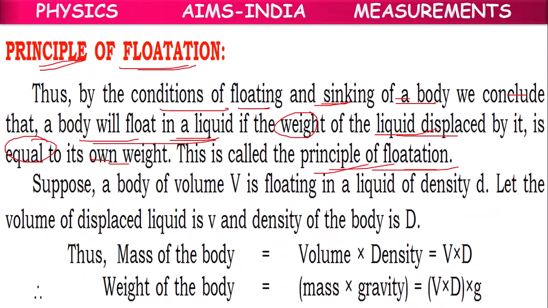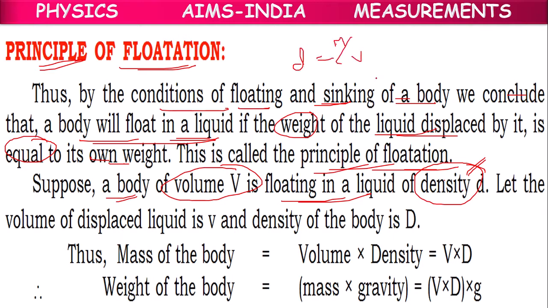Okay. Suppose a body of volume V is floating in a liquid of density D. In yesterday's class we said density means mass by volume, mass per unit volume.